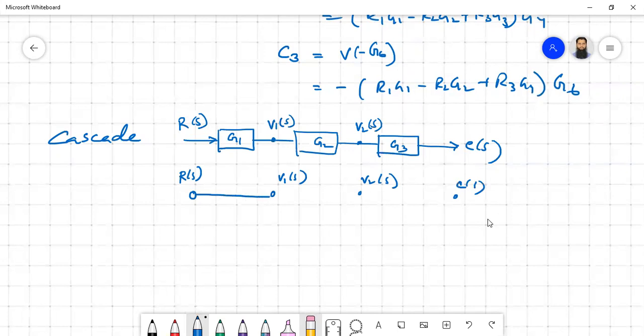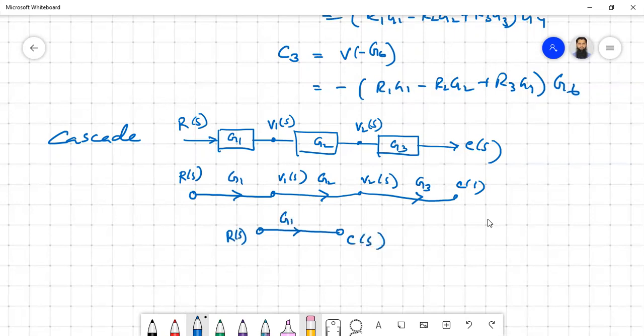In between the nodes, you just add the system arrows or branches: G1S, G2S, and G3S. If you have a pattern like this, you can simply multiply those three together to find R, CS. The formula is the same: multiply G1, G2, G3.